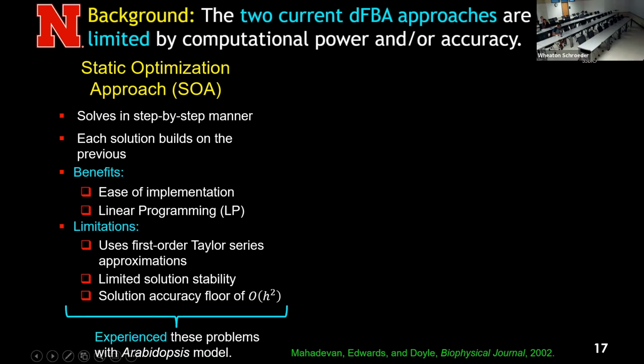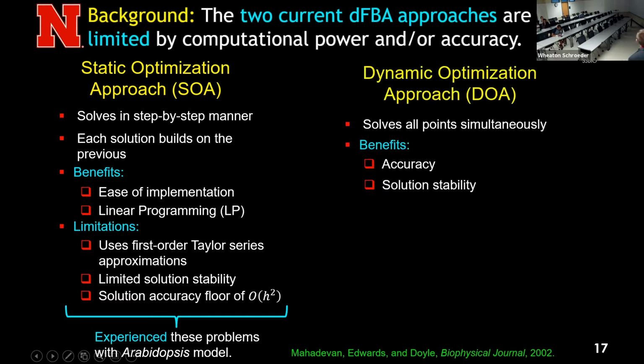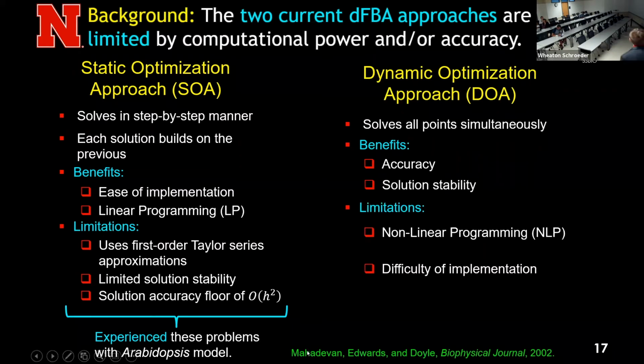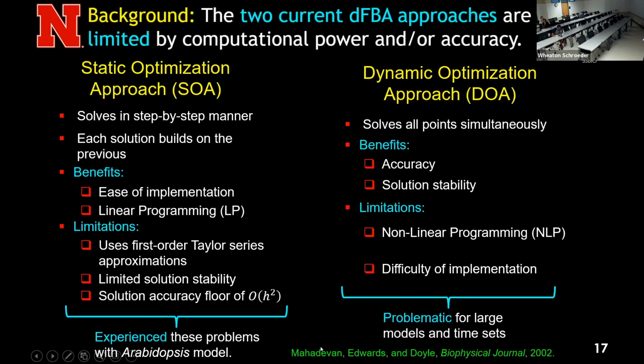So as we were trying to model the full life cycle of a plant, we found this too restrictive and too limited in order to meet our needs. The other approach is the dynamic optimization approach, or DOA. It solves for all time points simultaneously and is accurate and has stable solutions. However, it utilizes nonlinear programming, which can give us problems when it comes to computational cost and time, and it can also be quite difficult to implement.